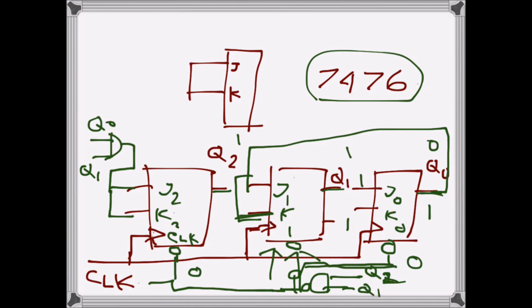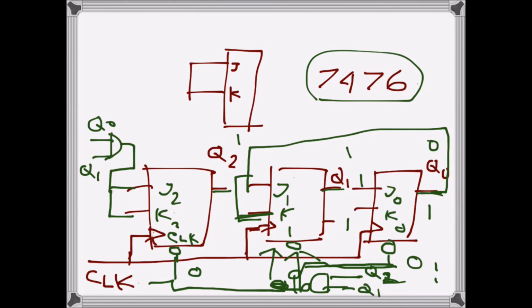So when we have 1, 1, 0, Q2 is 1, Q1 is 1 and Q0 is 0, we don't have any Q0 input, we don't need that. So when both Q2 and Q1 are 1, we will have a 0 at the output of the NAND gate, so that will clear all three flip-flops. So the counting will be stopped there, it will become 0 again, and then it will keep counting again.